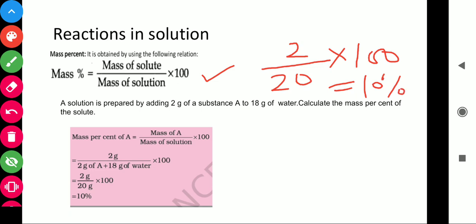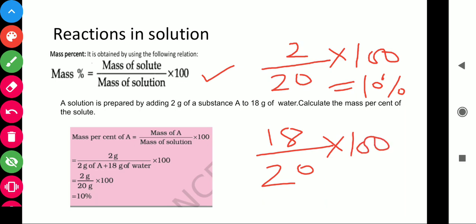And if we keep the value of solvent, that is 18 gram upon 20 into 100, we will get the concentration of solvent, that is 90%. It means 90% solvent is present and 10% solute is present. This is the way to calculate the mass percentage.